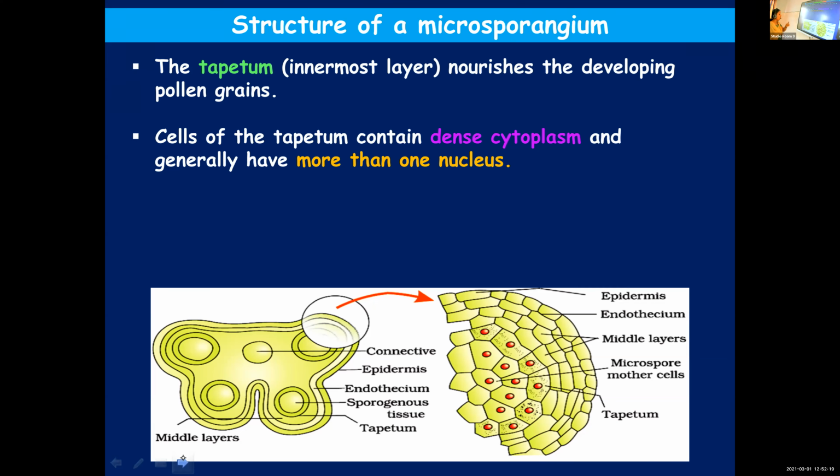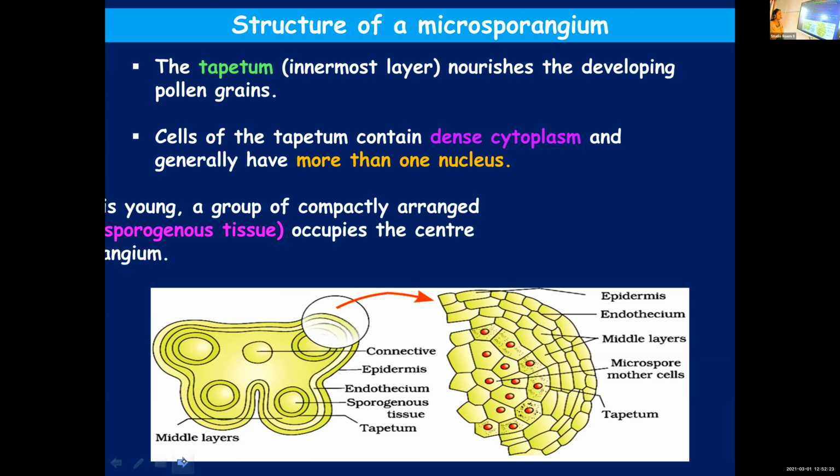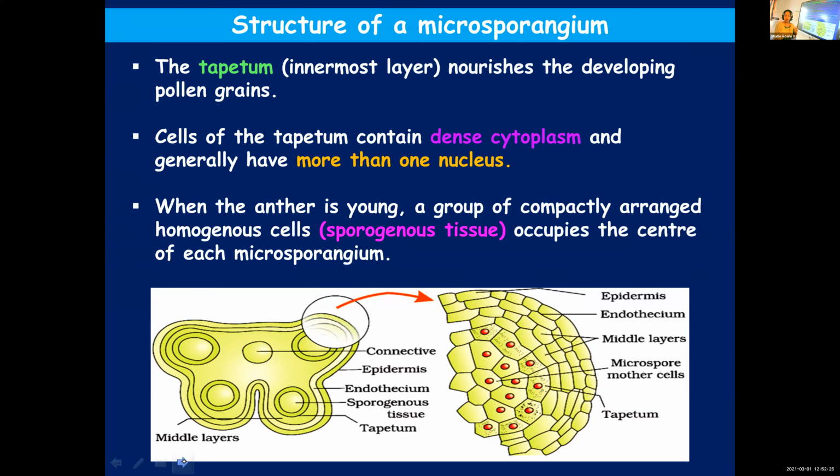Usually they have more than one nucleus. I'll repeat the characteristic features of the tapetum once again: it's the innermost layer, its function is to provide nourishment to the developing pollen grains, and structurally it has dense cytoplasm and more than one nucleus.